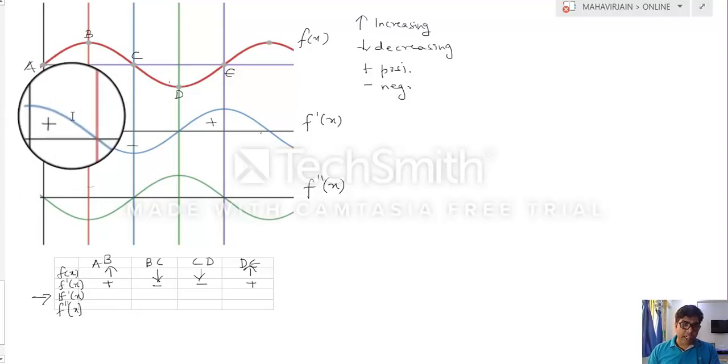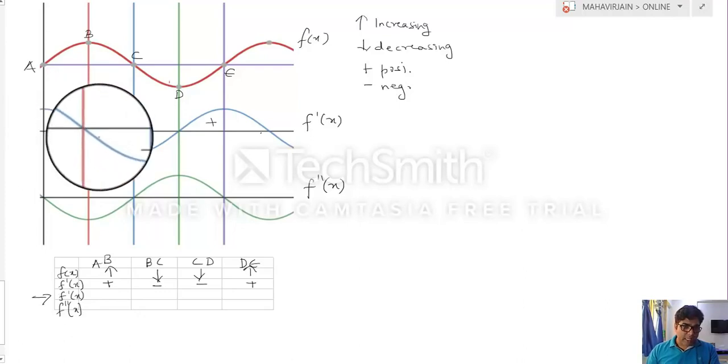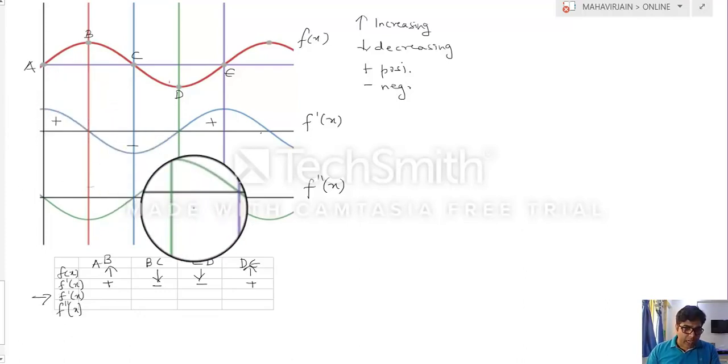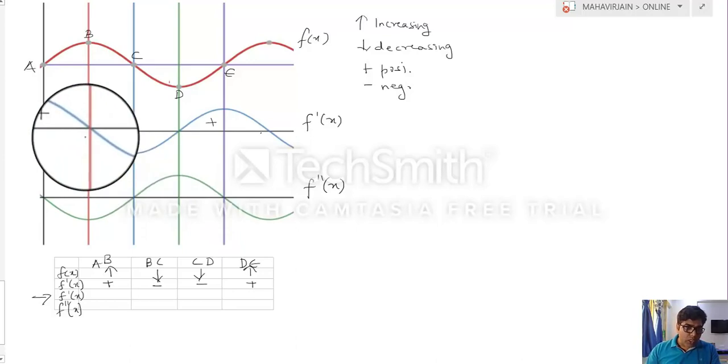I'm not saying positive or negative. The derivative is decreasing and it becomes 0. This particular point is 0. So it was positive and then it is becoming 0.